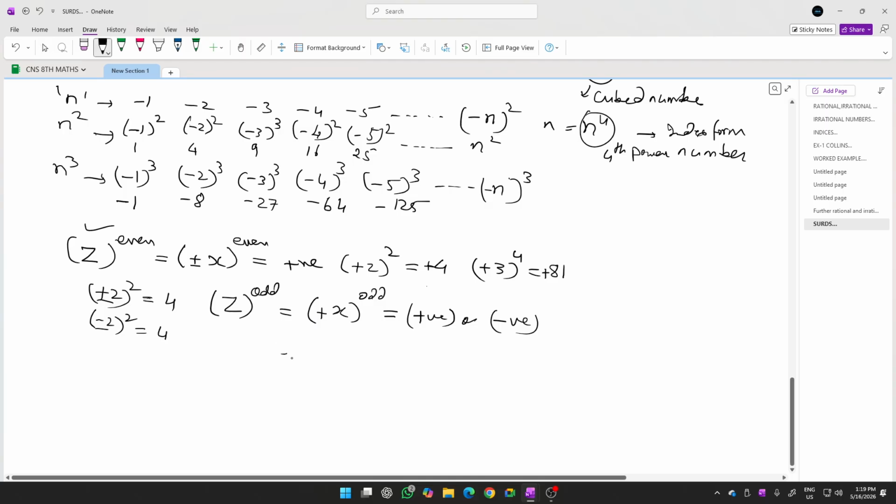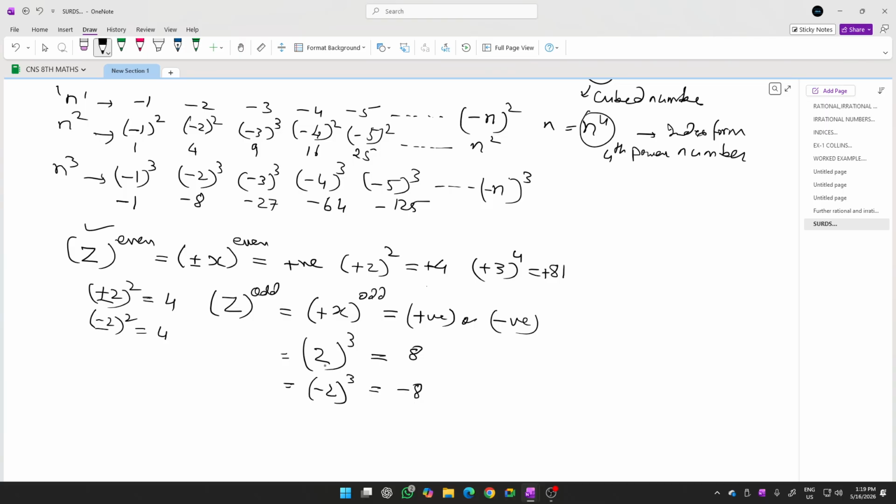Suppose you have a number as 2, and raised to, suppose it is 3. So the answer will be 2 raised to 3 is 8. It will be positive. But if the integer is -2, it is negative, and raised to 3, then the answer will be negative, -8. So remember this, if it is a positive integer, the answer will be positive. If it is negative integer, the answer will be negative.